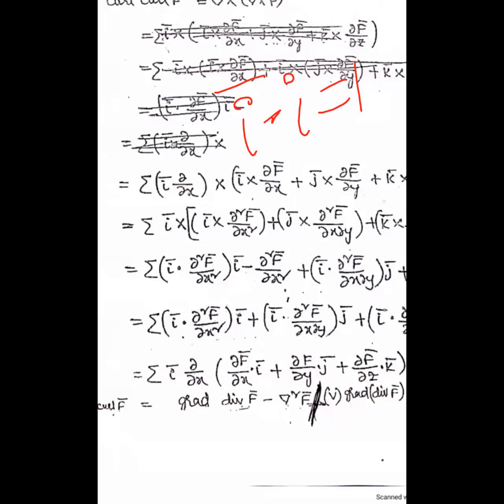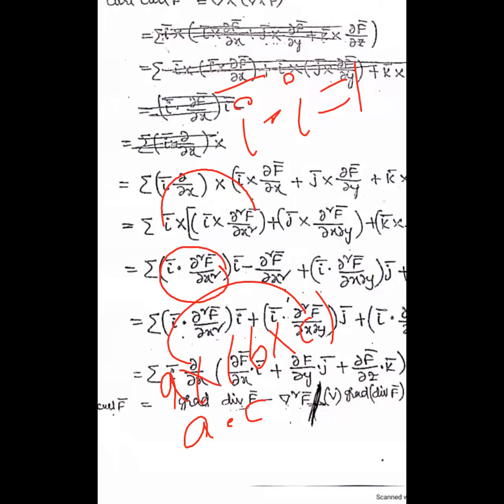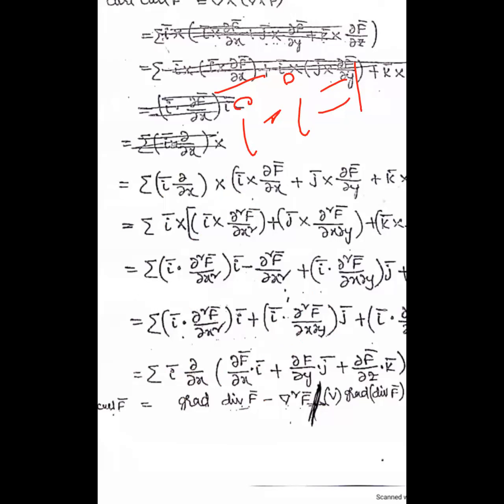I explained once more. So i cross (j cross k), like a cross b cross c equals (a dot c)b minus (a dot b)c. So i dot ∂²F/∂x² into j, that equals into i. So multiplying simply 1 into 3 into 2 minus 1 into 2 into 3.